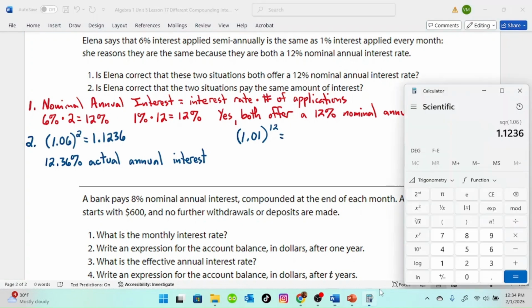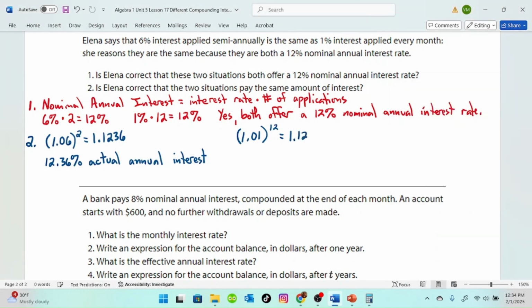When we put this into a calculator, 1.01 to the power of 12, if we round to the same 4 decimals, this is 1.1268. That means it's charging 12.68% actual annual interest.